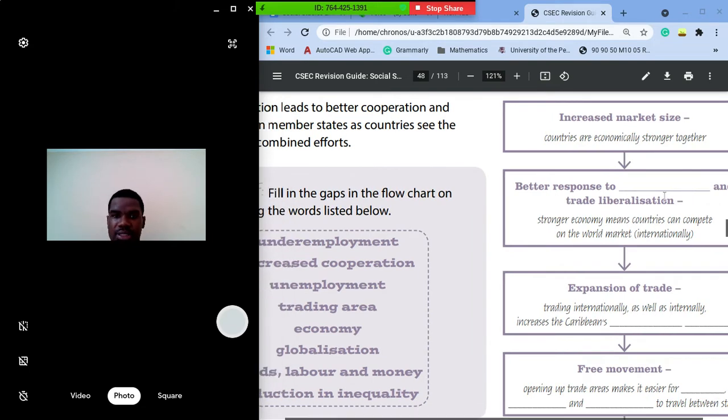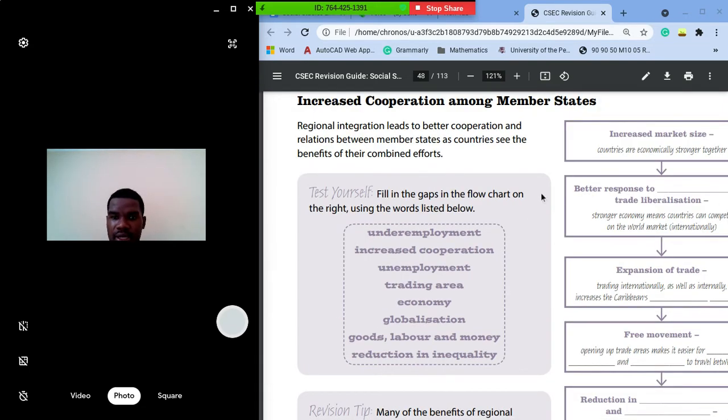Let me read the instructions quickly. Fill in the gaps on the right using the words below. So you have underemployment, increased cooperation, unemployment, trading area, economic globalization, goods, labor, and money, and reduction in inequality.